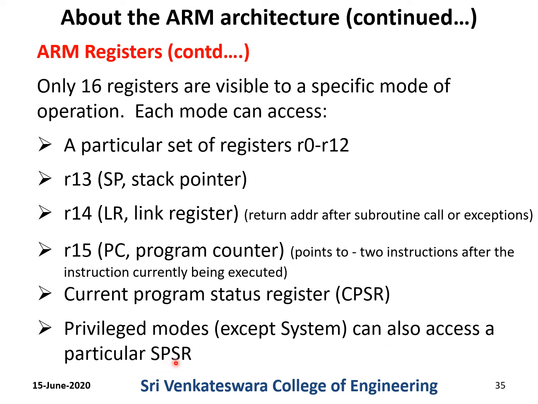The saved program status register usually holds a copy of the CPSR register whenever the ARM processor switches from one mode of operation to another. So when it enters a new processor mode, the SPSR corresponding to that new processor mode holds the value of CPSR that was previously held by the processor.